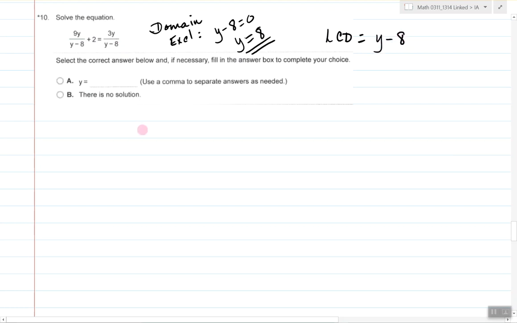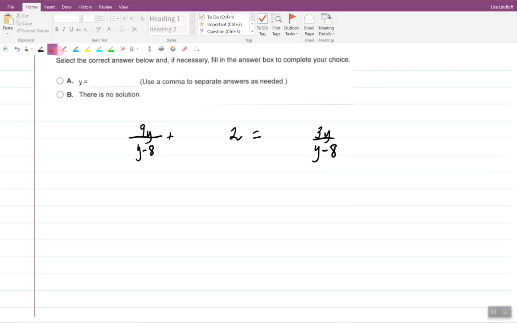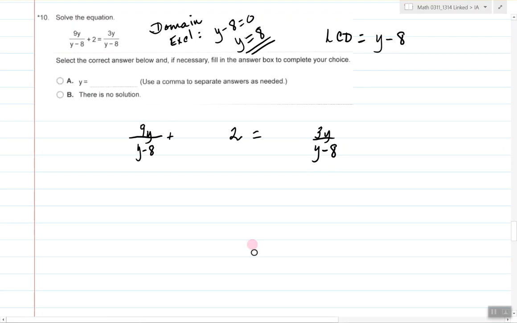So I'm going to have 9y over y minus 8 plus, leave a space, 2, equal sign, leave a space, 3y over y minus 8. Switching to red, I'm going to multiply by the LCD, which is y minus 8, y minus 8, y minus 8.